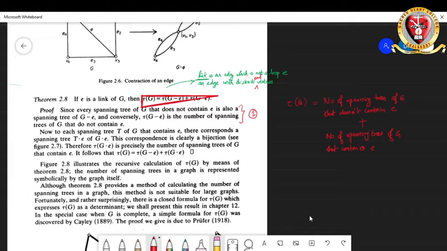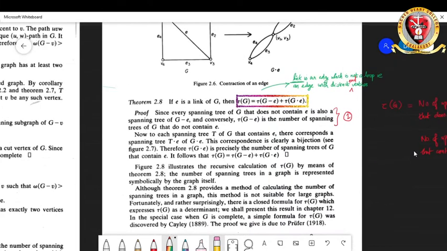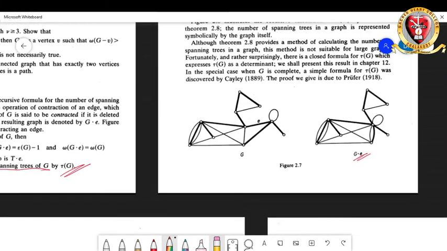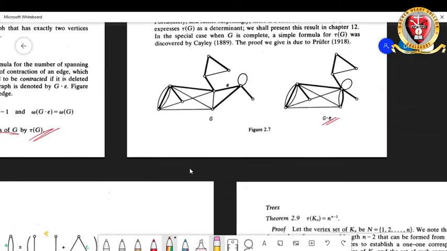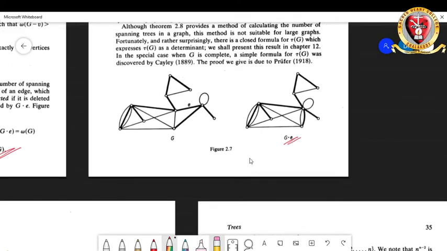It is a very important result and it is useful to find the number of spanning trees of a random graph G. As an illustration, you can also see an example given in figure 2.7 about this contraction of an edge. Here the edge is E sitting here.